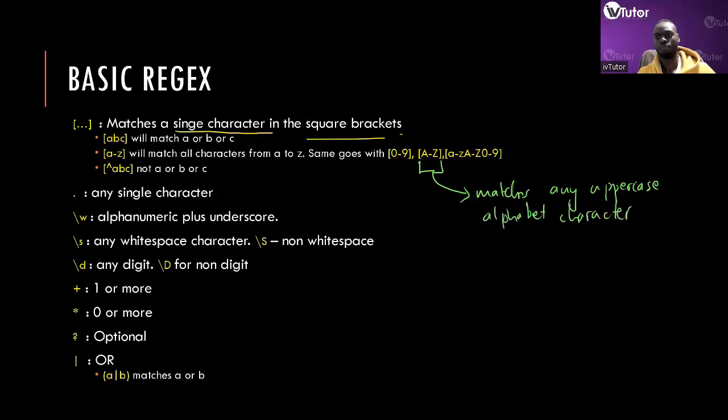The essential thing is that I'm just saying any, which means it's matching one thing. Why? Because it's a square bracket. Okay, and then we'll do some examples and you'll see this work.